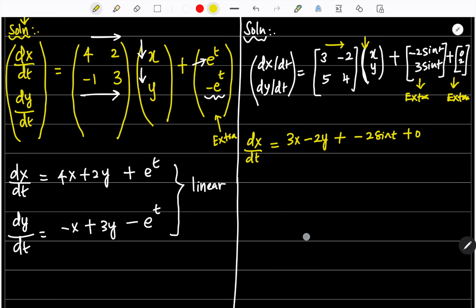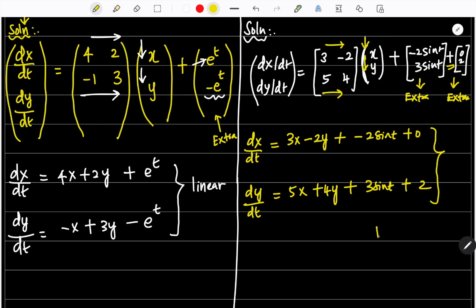And dy by dt is equal to second row first column, which is 5x plus 4y, and then plus 3 sin t, and then plus 2. Writing things this way is called a linear system. So what did I do in this question? I converted matrix to linear system.